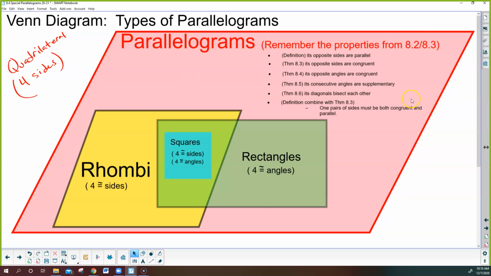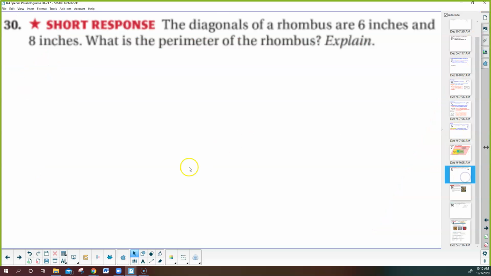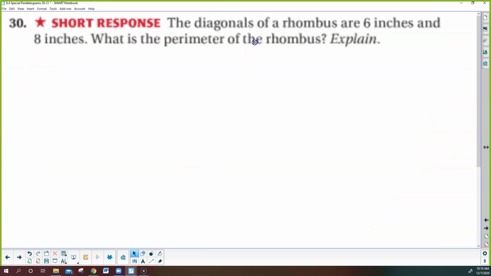So anything on the whole screen is officially a quadrilateral, more specific is a parallelogram, more specific is a rhombus and a rectangle, and even more specific is a square. Right? All right.